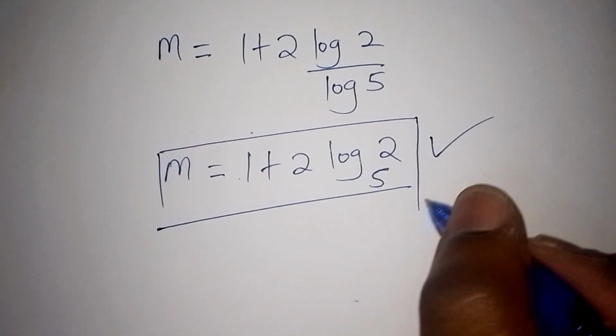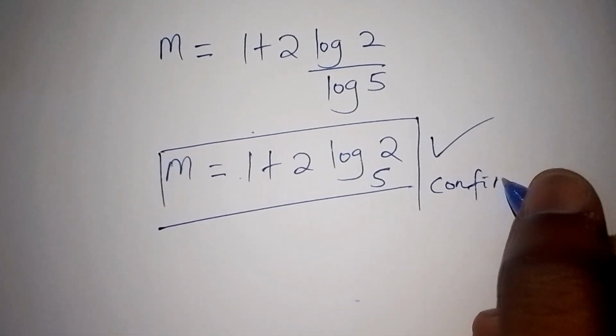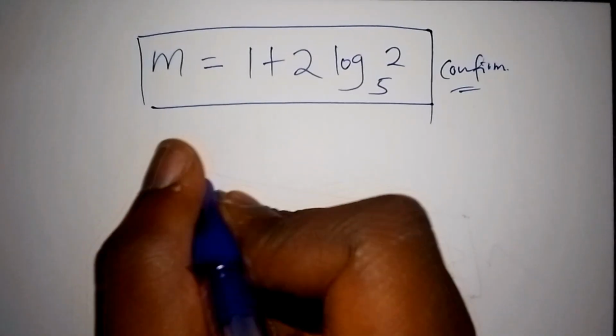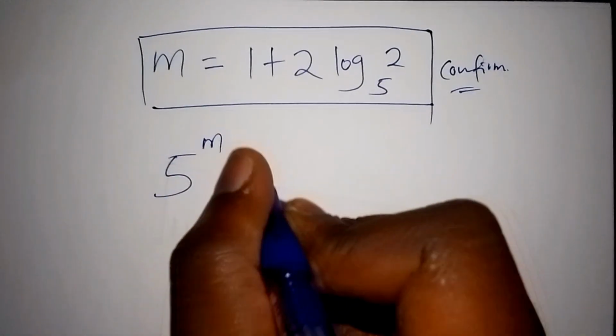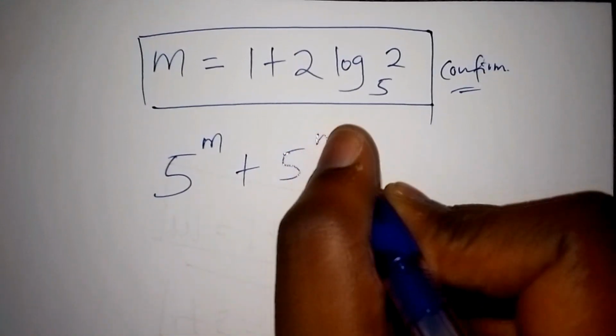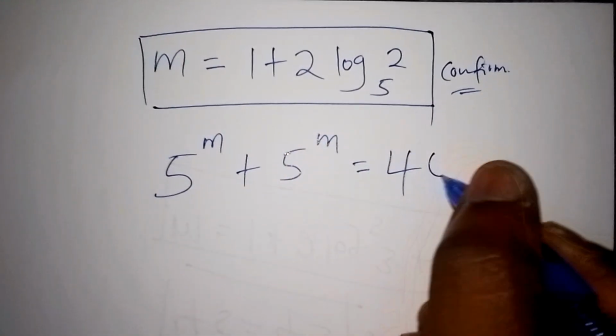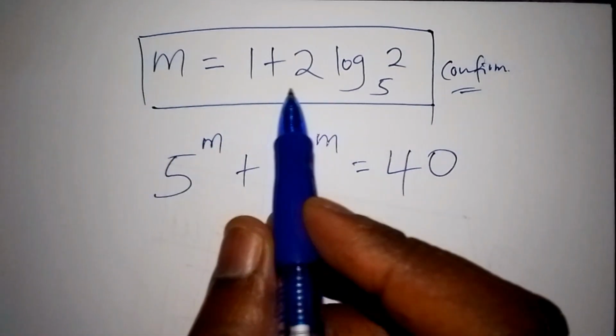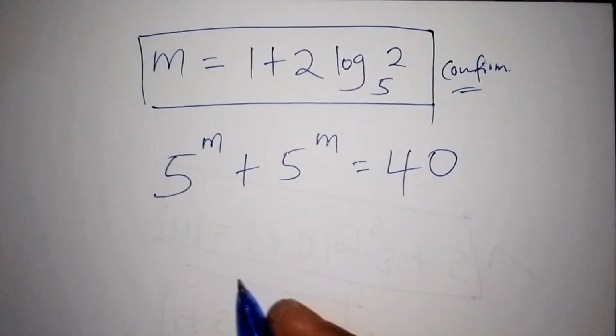So let's confirm if indeed we are correct by going back to our maths problem. Our maths problem was 5 to the power of m plus again 5 to the power of m is equal to 40. Where we have 5 to the power of m, we write 1 plus 2 times the log of 2 to the base of 5.